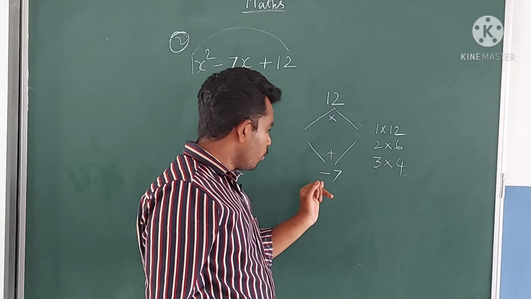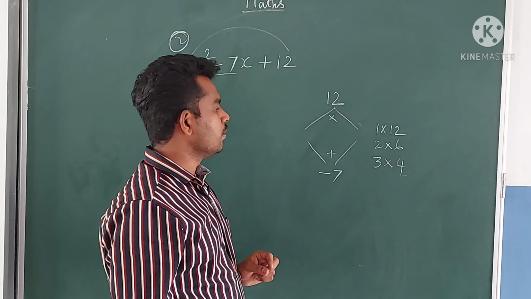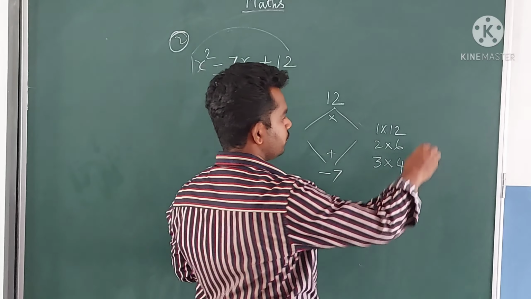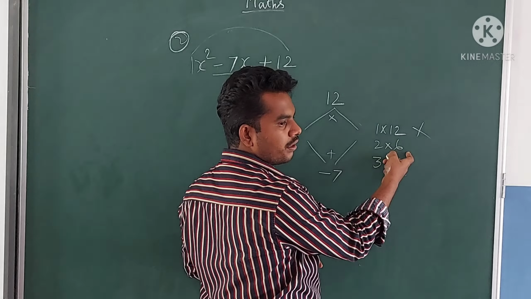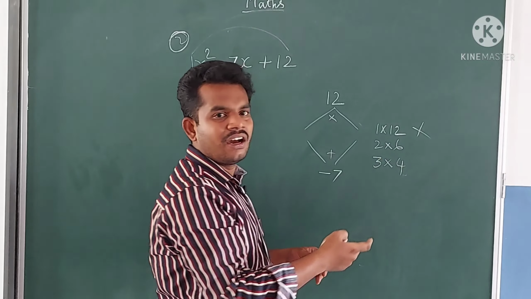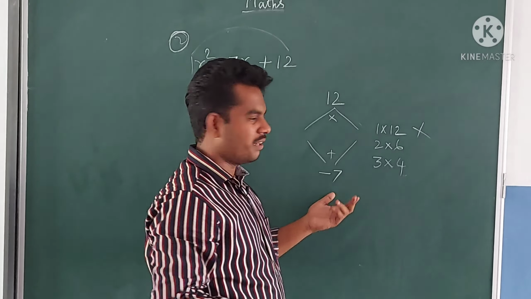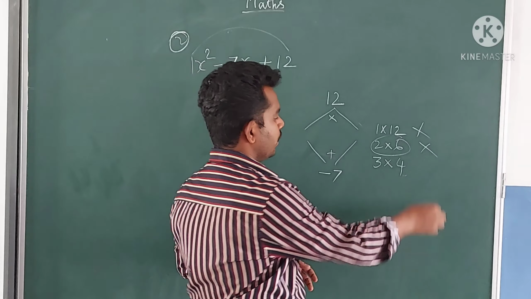We want minus 7. First 1 into 12 is omitted, 1 plus 12 is 13. Here 2 into 6 is 12, but 2 plus 6 or 2 minus 6, we will not get minus 7. So it is also omitted.